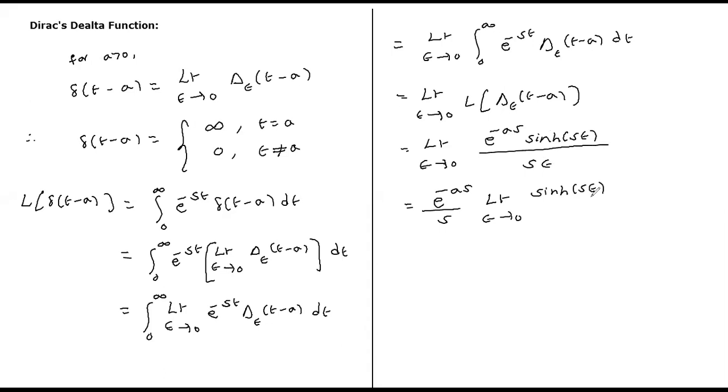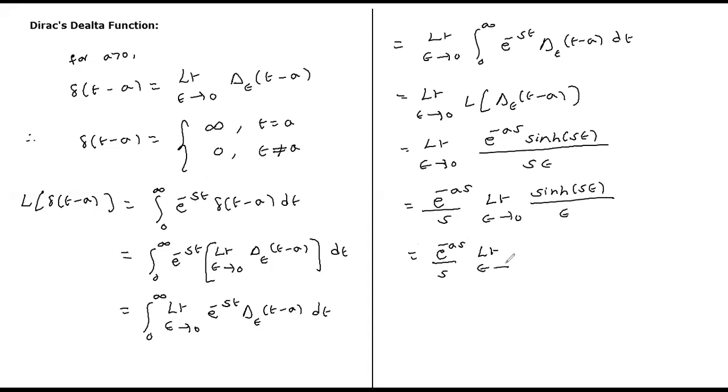Okay. Now you see, as epsilon tends to 0, sin h s epsilon goes to 0. The denominator is also going to 0. It is a 0 by 0 form. How do you evaluate the limit for 0 by 0 form? L'Hospital rule. L'Hospital rule means you have to differentiate numerator and denominator with respect to what? With respect to epsilon, because you are taking the limit over epsilon, right?